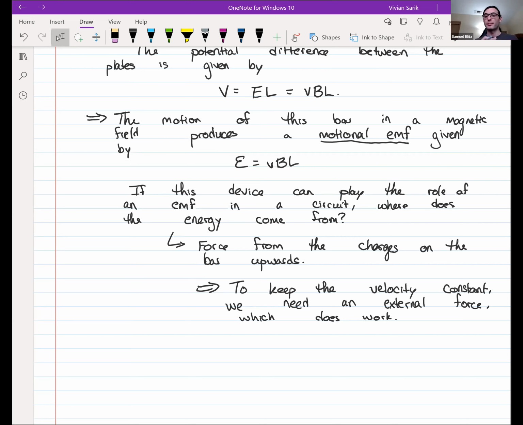There might be some potential difference that develops on the conducting object for that reason. And so you can go and calculate that. It's actually an interesting problem. There's another example in the Libre text, which is just about plates being separated by a wire, and the whole thing is moving. It's also a good example just to get your practice in.